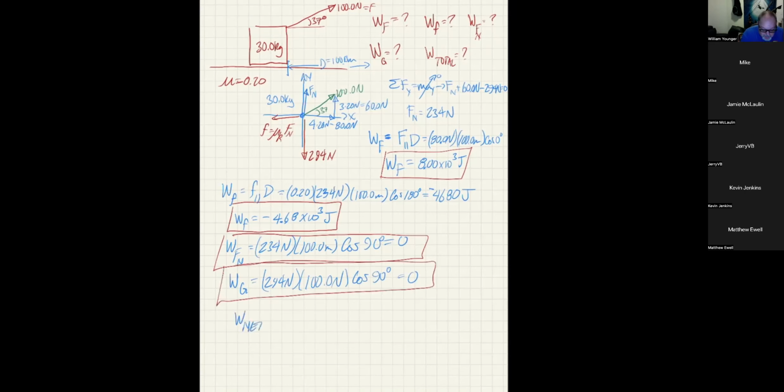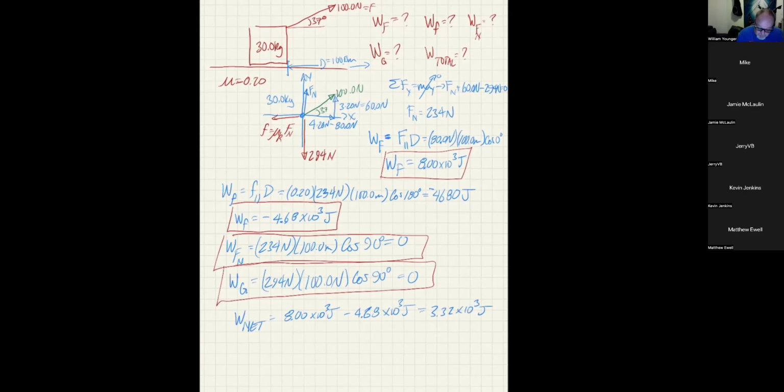Work net is actually equal to 8.00 times 10 to the third joules minus 4.68 times 10 to the third joules, which gives me 3.32 times 10 to the third joules.